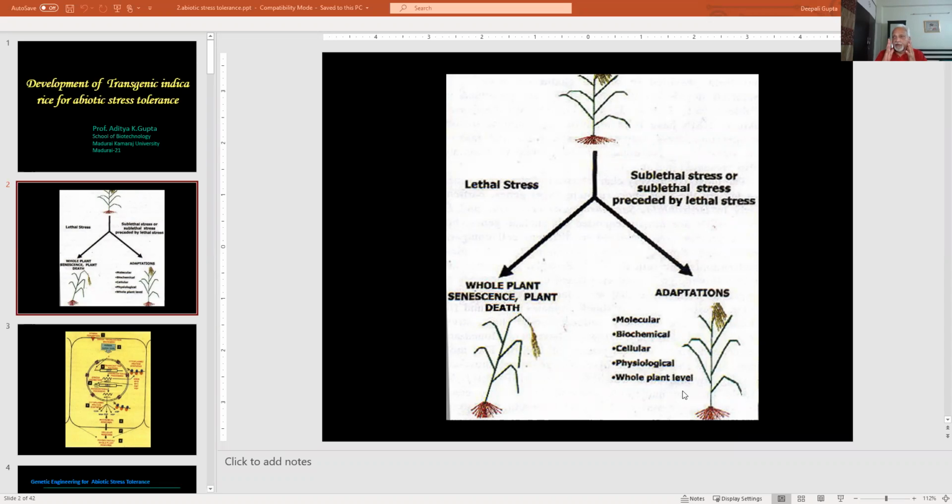If the conditions are very harsh and extreme, they become lethal. Lethal means the plant dies. But if the conditions are within the tolerance limits, then the plant survives.